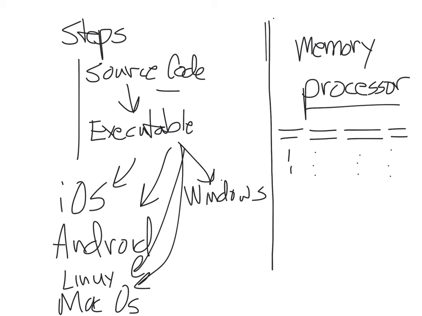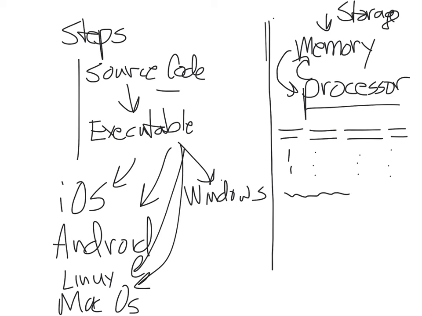But in basics, we get an instruction from memory to the processor, and the processor sends its results back to memory. And a program has to be loaded into memory before it can be executed, typically from some type of storage.